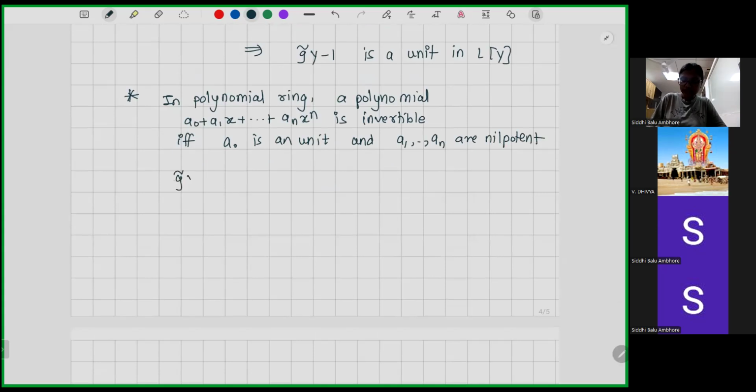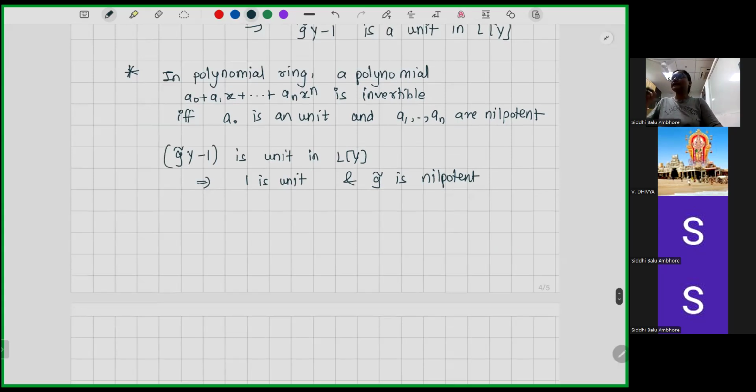So when g̃(y) minus 1 is a unit in L[y], which is my polynomial ring, this implies that 1 is a unit, that is there, and this g̃ is nilpotent.